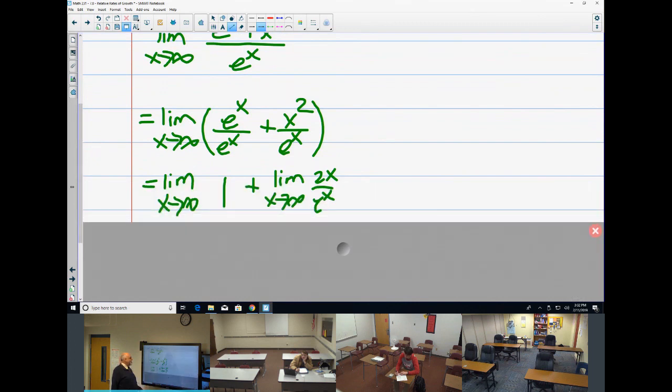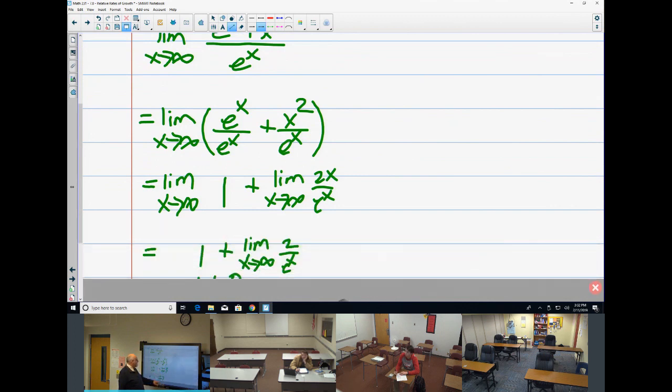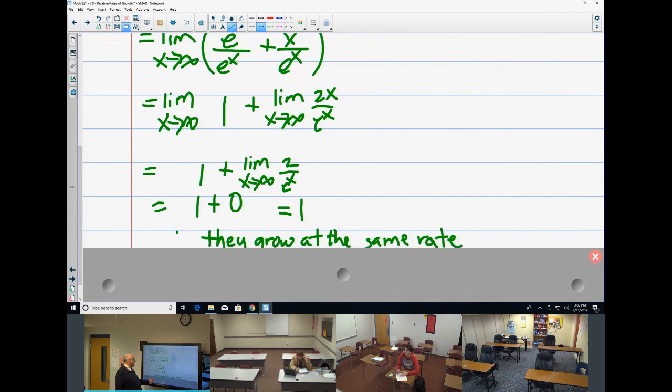When you take this limit, you could use L'Hopital and say that anytime you have a constant over infinity, this part is going to go to 0. But you're going to get 1. You could have done it a different way, but you'd still get a constant.